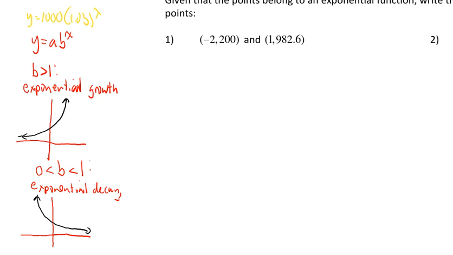All right. So we've got 2 points. We're given that these points belong to an exponential function, so I'm going to write the format y equals a times b to the x power. I've got 2 sets of coordinates: -2 for x, 200 for y, and +1 for x, 982.6 for y.